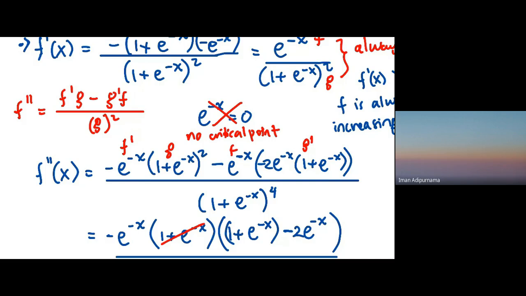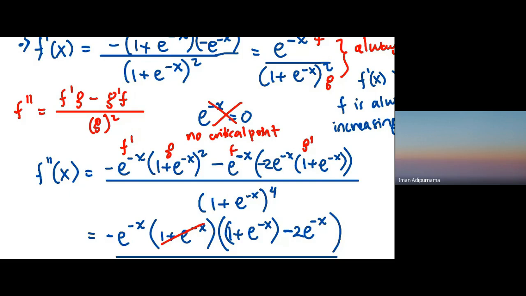That's why I have negative e to the negative x times 2, and then this. Okay? And then we simplify, take out e to the negative x, put here, and we only have 1 plus e to the negative x here. And the other one is just negative 2e to the negative x, right?